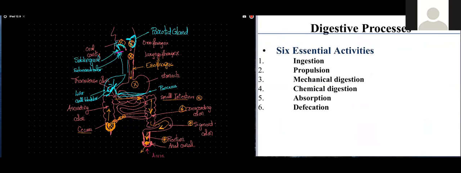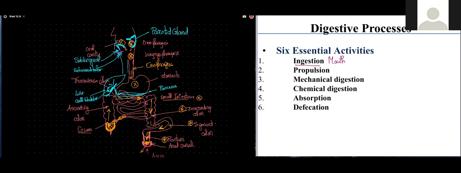What are the different digestive processes that will be taking place in the digestive system? First is going to be a function of the oral cavity and mouth. Is going to be ingestion. Can I eat through any other organ other than my mouth?